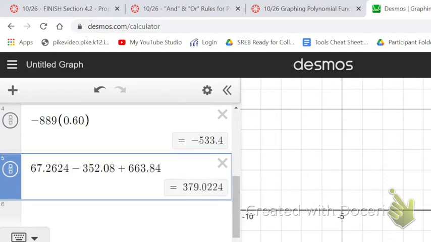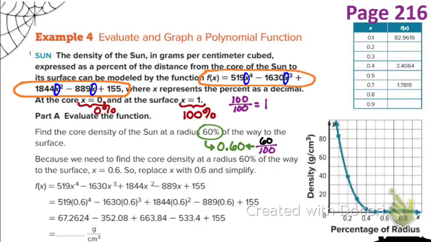I've got 1, 2, 3. How many more terms do I have to go? How many terms did my polynomial have? 1, 2, 3. I need this one. Are there any terms after this one? Mm-hmm. It didn't have an x with it, but yes, there's one more term. So I'm going to subtract, and then I'm going to add.